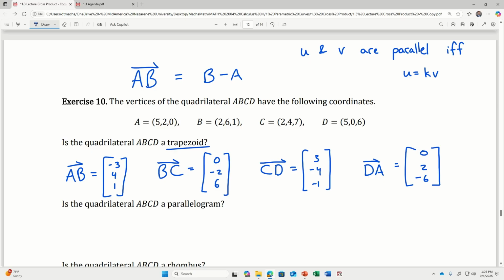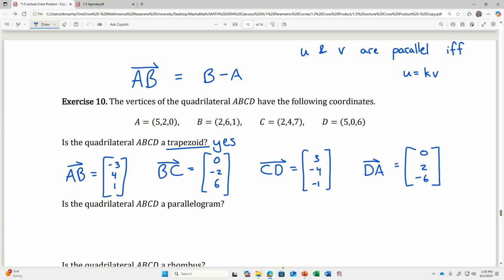And I'm looking at AB and CD. But these are not, actually they are, yeah, sorry. What's the constant multiple between AB and CD? Negative 1. So yeah, those opposite sides are definitely parallel to each other.